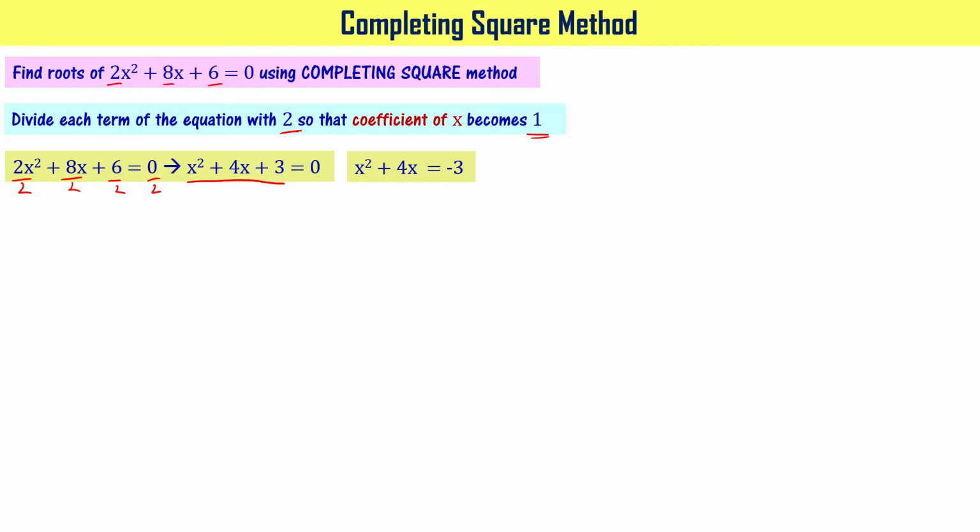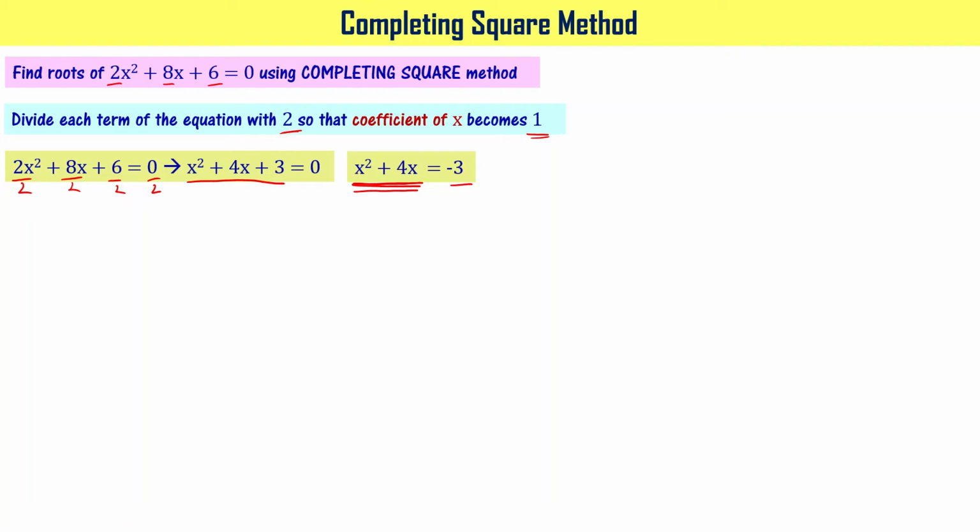= -3. Now the idea is we want to express this x² + 4x as a completing square, meaning as a complete square. For that, we may have to add some number to this side and this side of the equation such that the left hand side part is going to be a complete square, right?